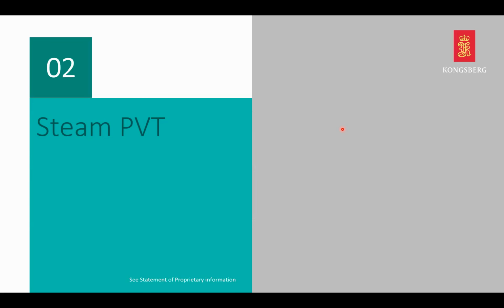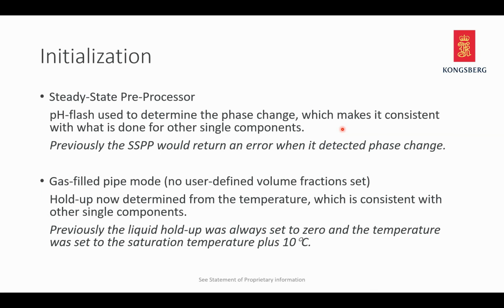I thought I would mention also some improvements that we have implemented for steam PVT. First of all, regarding the initialization. So we now use a pH flash to determine the phase change, which makes it consistent with what is done for other single components. Previously, the steady-state preprocessor would return an error when it detected phase change.